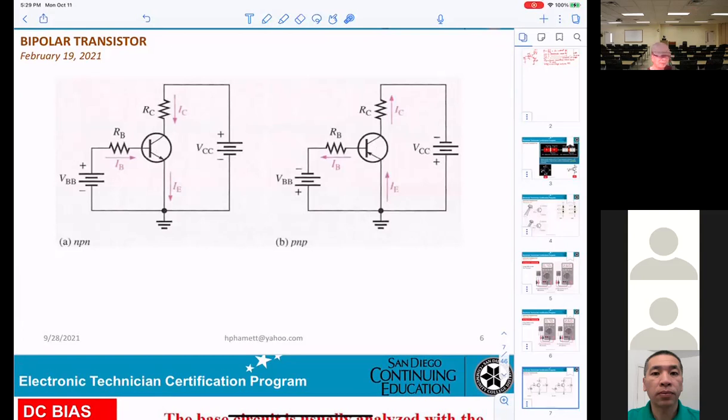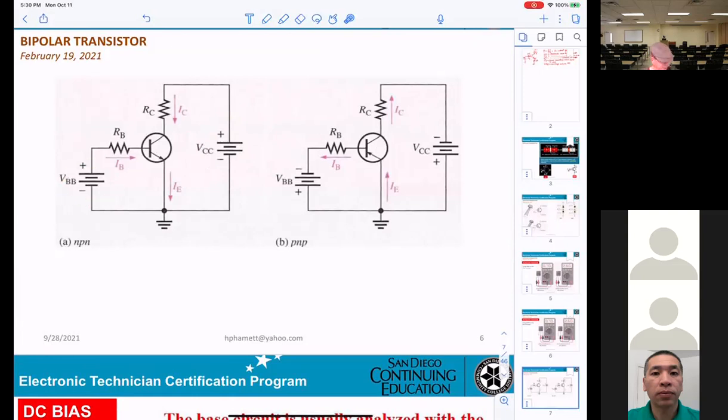However, first thing, in order for the transistor to work, it needs DC power. For this circuitry here, it needs two power supplies: one connected to the collector, one connected to the base.